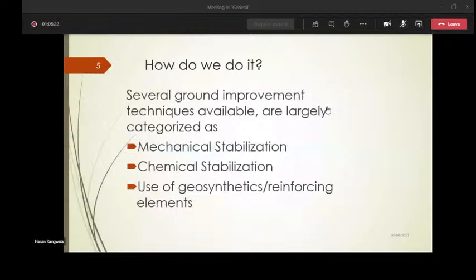I will be adding some other element like this reinforcing element, which has good tension capacity. Because of this tension-taking element, I may have improvement in the ground, which can improve either the cohesion in the soil or even the internal friction.